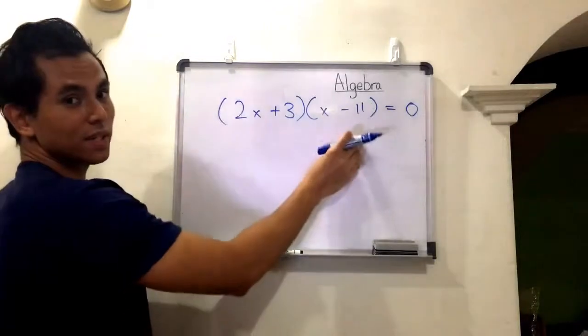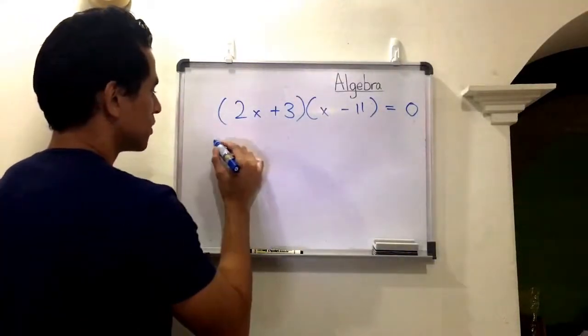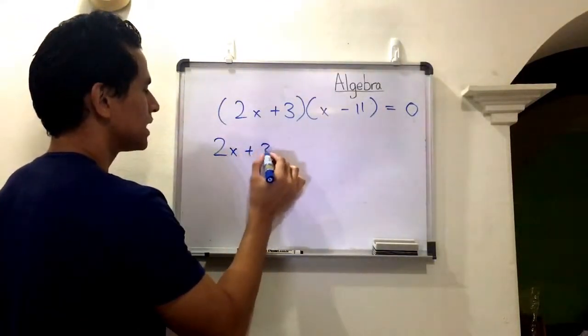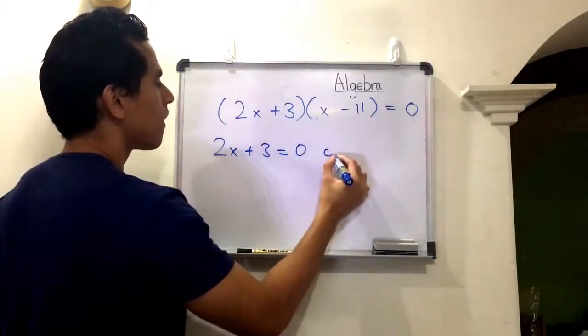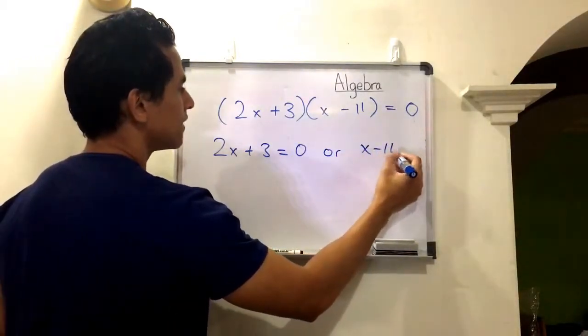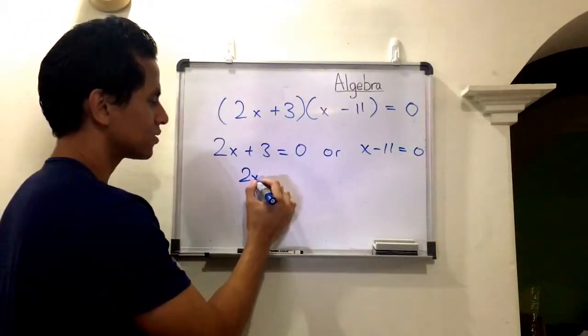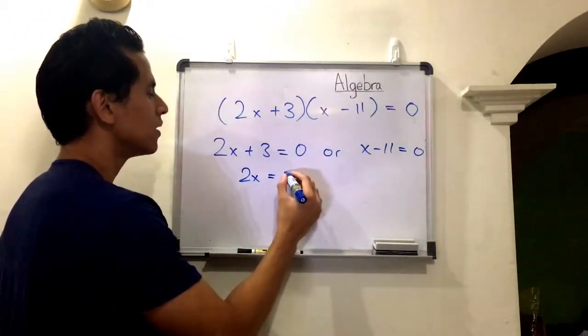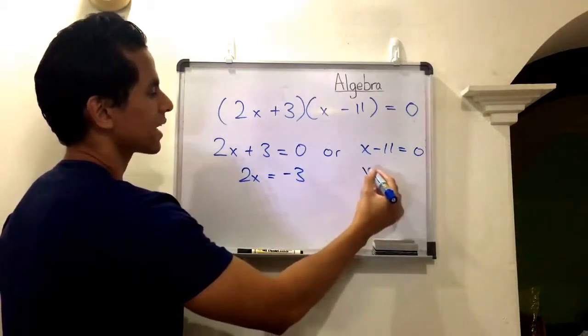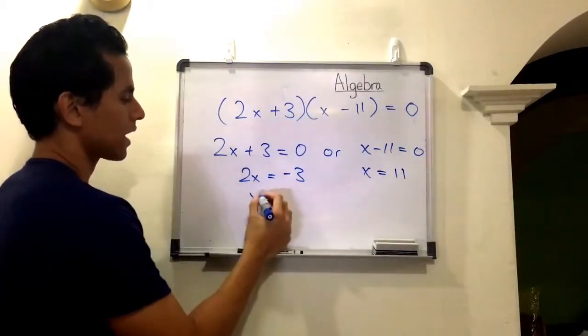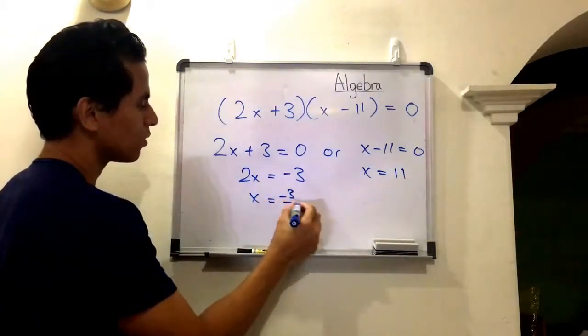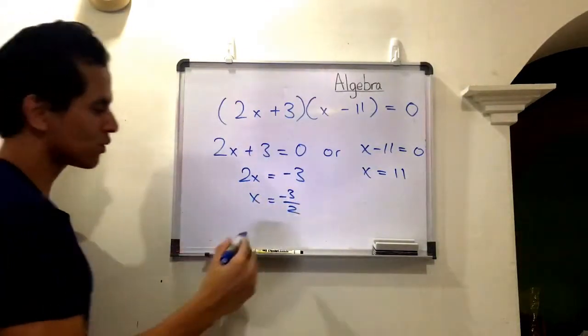Either a is 0 or b is 0. So 2x plus 3 equals 0, or x minus 11 equals 0. Hence, this gives us 2x equals minus 3, and this gives us x equals 11. So x equals minus 3 over 2. So we have our two answers here.